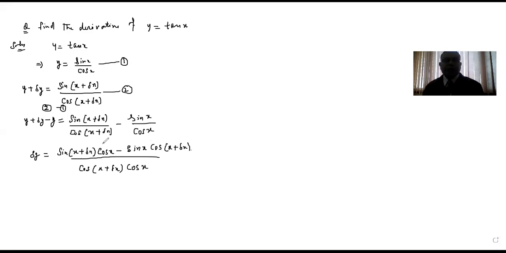Note it down till here. I have just taken the LCM, and after taking the LCM, I have solved the rational expression.